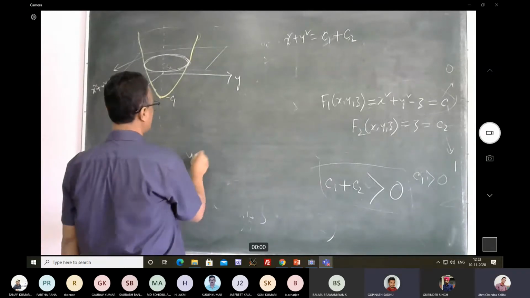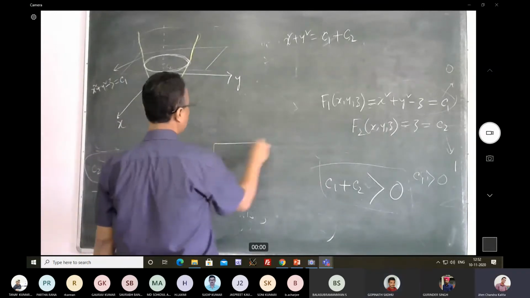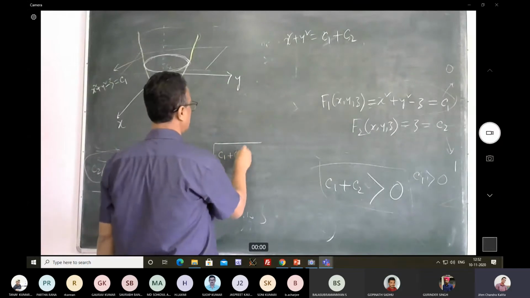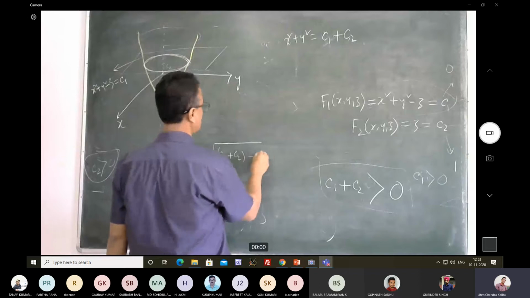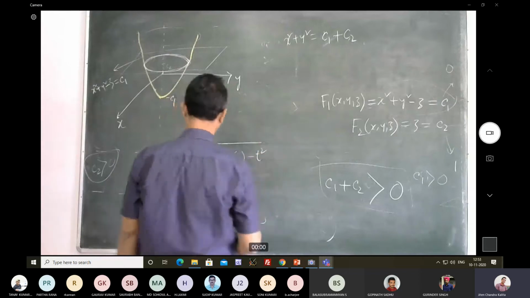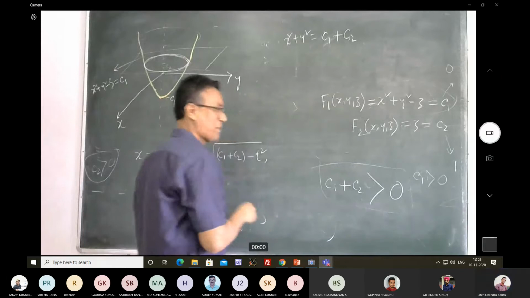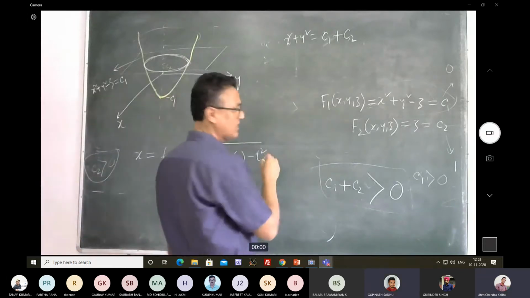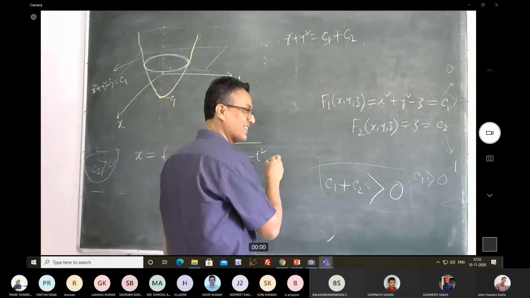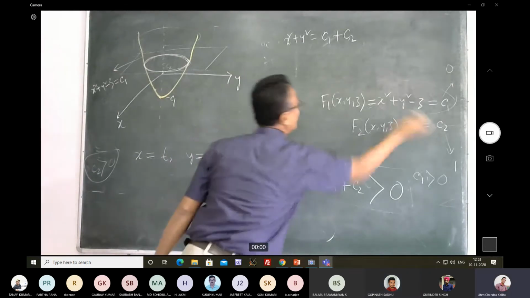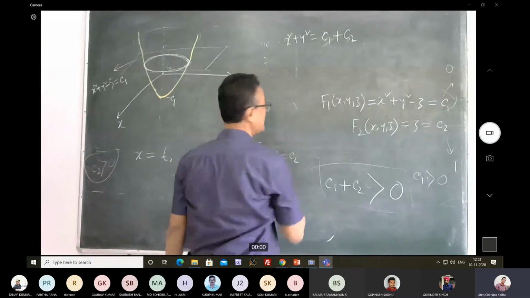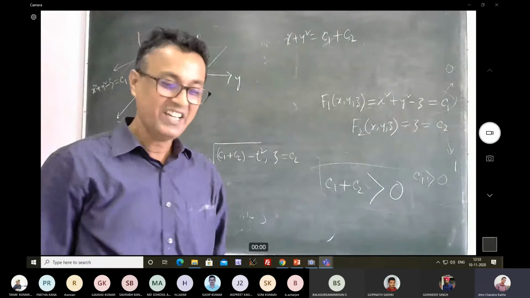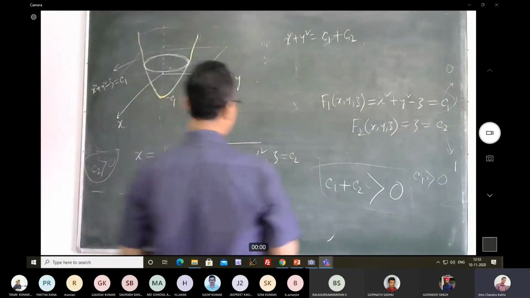Y equal to root under C1 plus C2 minus t squared, right? Z equal to C2. Z cannot be anything other than that one.